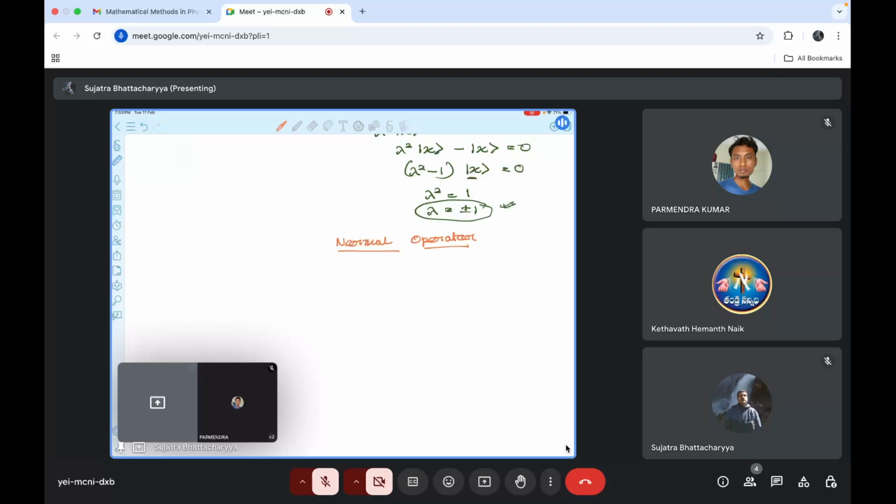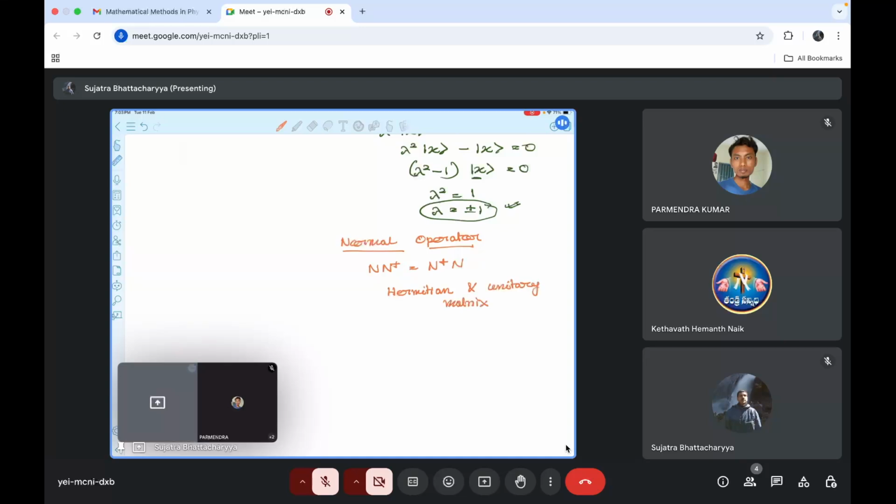Okay. Next is the normal operator. Simple. N is called the normal operator if N dagger commutes with N. This is one of the things. And generally, Hermitian matrices and unitary matrices are normal operators.